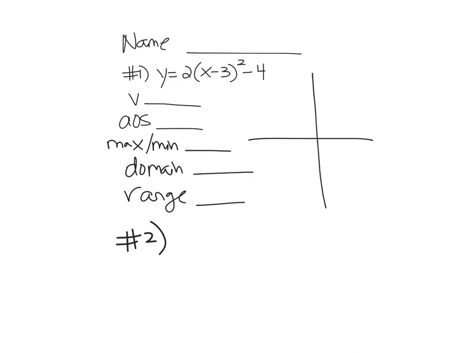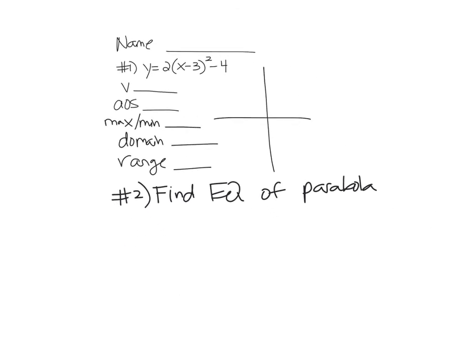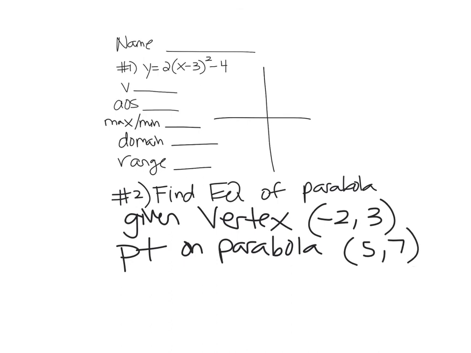I'm going to tell you to find the equation of a parabola, given 2 things. Given the vertex is at (-2, 3), and a point on the parabola is at, let's say, (5, 7).